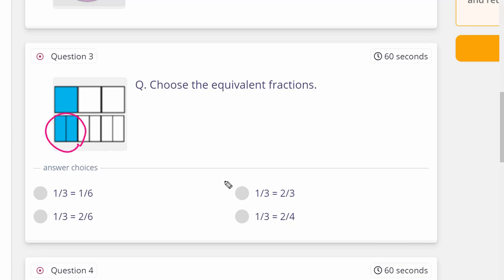No. So how many sectors? This is 1/3 and this one is 2/6. So the correct choice is 1/3 equals 2 sectors, not 1/6, right? Okay, thank you, my hero. And let's move to the next one.